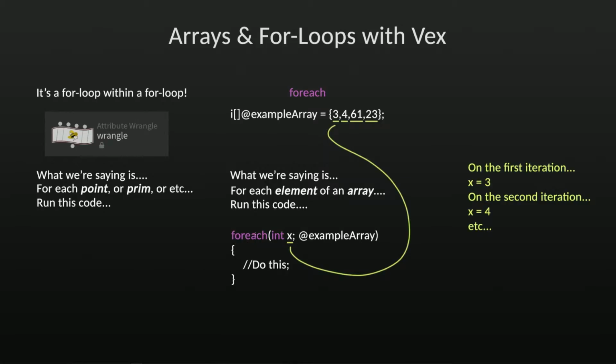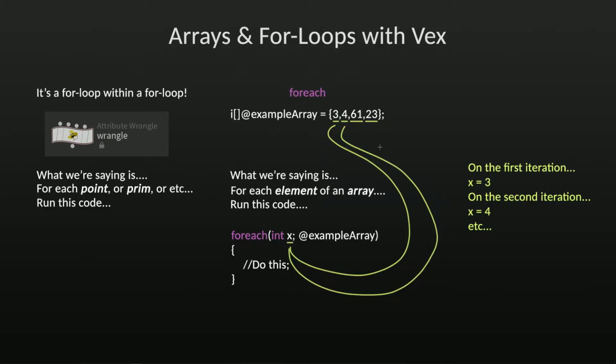The next time this loop runs, x will then equal 4. And it's going to go through each one of these elements of an array until it's gone through all the elements.